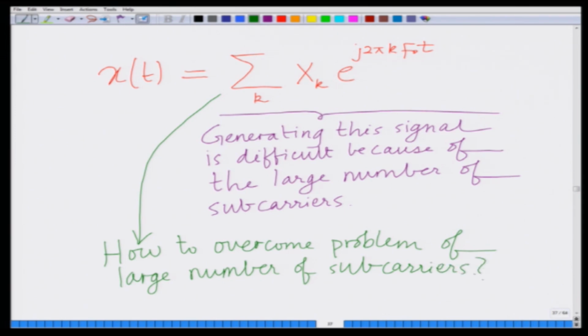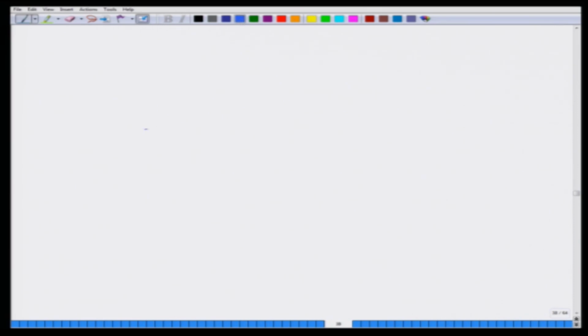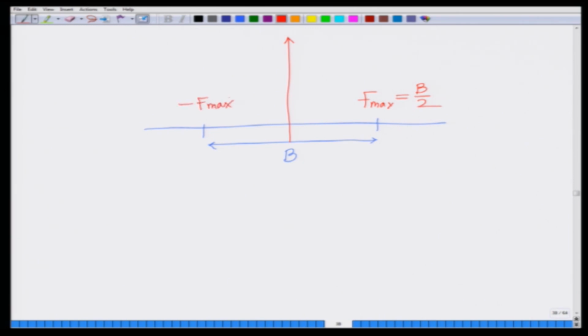So, how does one overcome this problem of this large number of subcarriers, and that can be explained as follows. For instance, let us go back to our initial system. In our initial system, the total bandwidth of the signal is B, which means my maximum frequency f max equals B by 2.